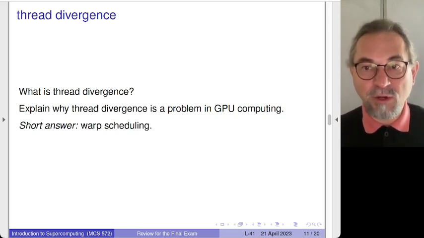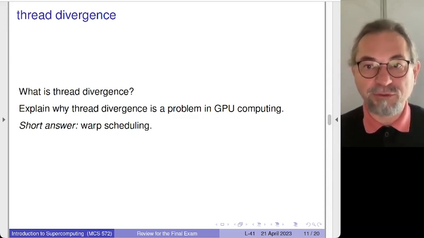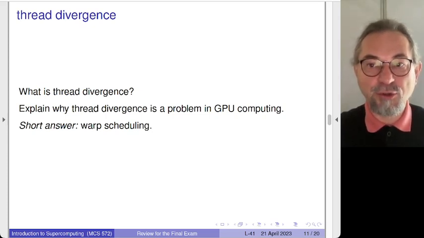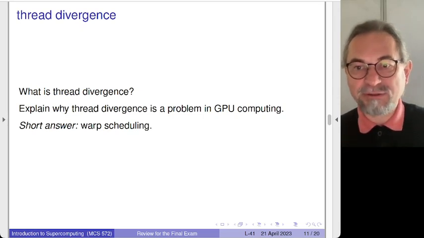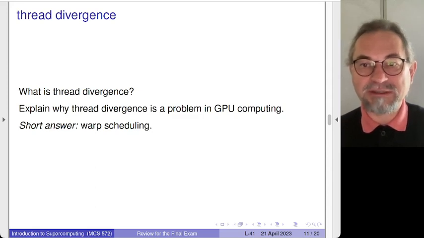So in some sense, one instruction has to be processed twice. For example, the first half of the threads would execute the then part, and the other half of the 32 would have to execute the else part.